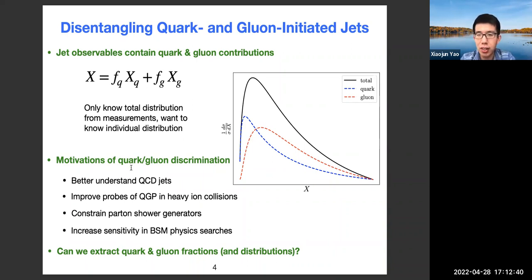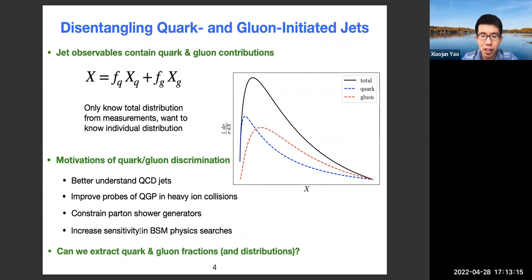I motivated this project from the heavy ion perspective. There are also other reasons that we want to do this quark and gluon jet discrimination. For example, if we can do that, then we can understand QCD jets better. We can study a gluon jet, we can study a quark jet, and they have different vacuum showers. And as I said, we can use this to improve jets as a probe in quark-gluon plasma. We can also use the individual studies of quark and gluon jets to better constrain parton shower generators such as PYTHIA.